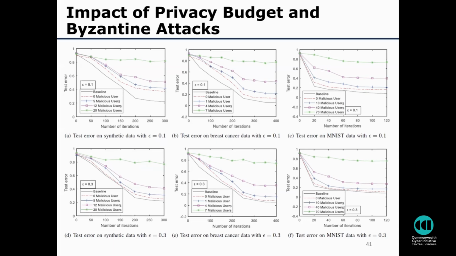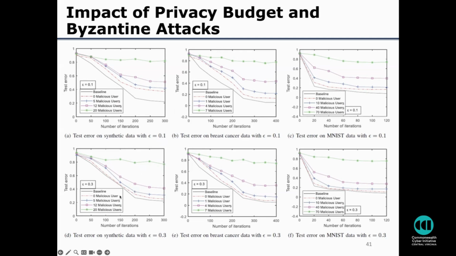This indicates a trade-off between the privacy protection level and the prediction accuracy. If you want to achieve high privacy, it may have low utility. We also evaluate the impact of the Byzantine attack.